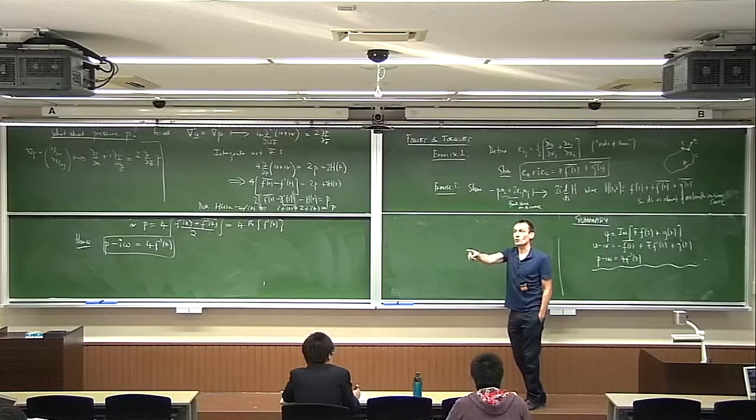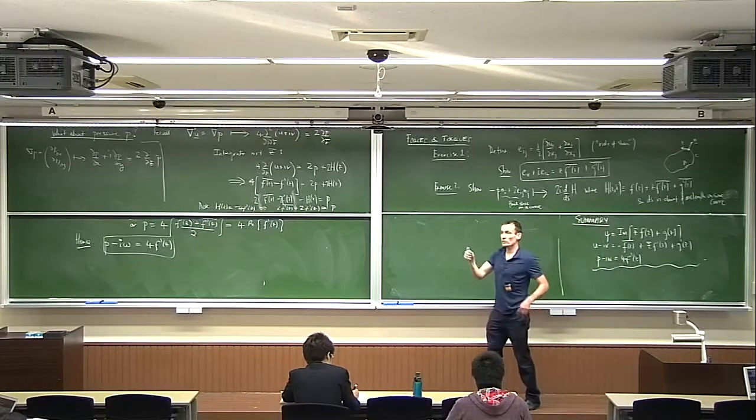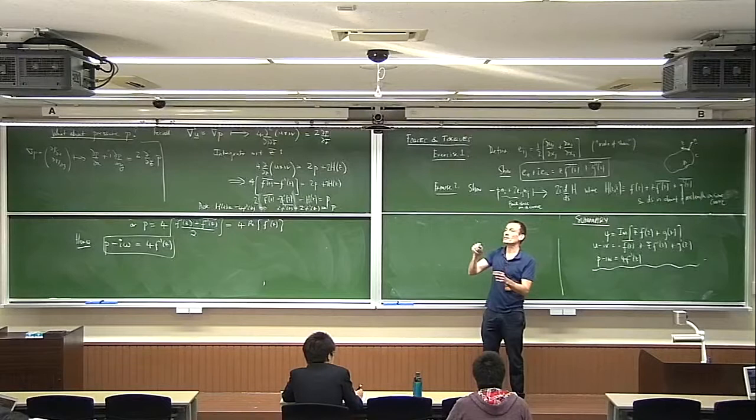And in particular, look, you can now work. Suppose it's the boundary of an object. Then you can work out the total force on the object. That's what we're going to do in exercise 3.